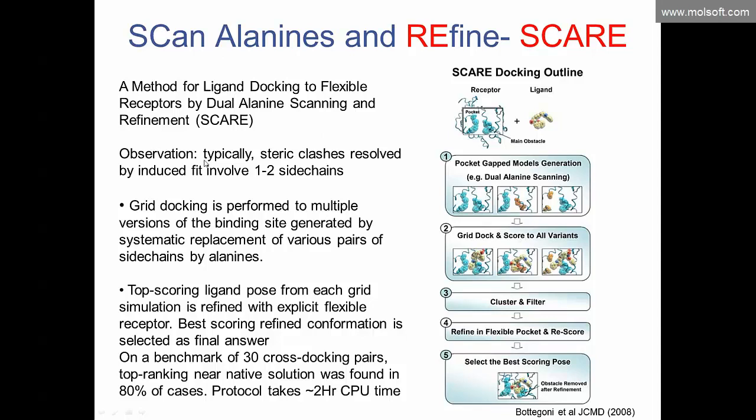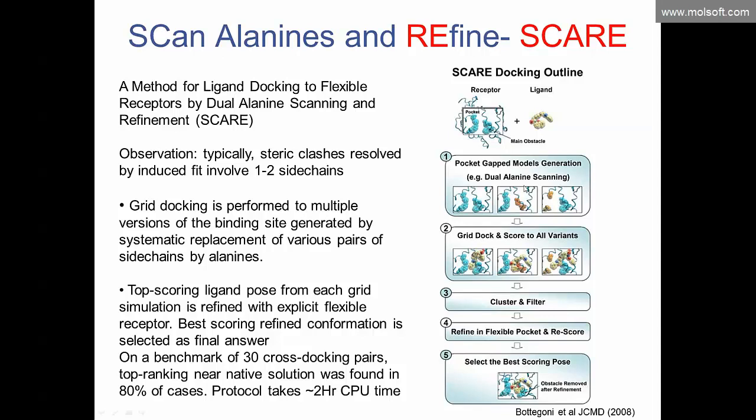So basically the observation is that in a lot of cases, steric clashes caused by induced fits generally involve maybe one or two side chains within the pocket. So this method goes around the pocket and mutates residues to alanines and opens up certain regions of the pocket which would otherwise be inside the pocket.